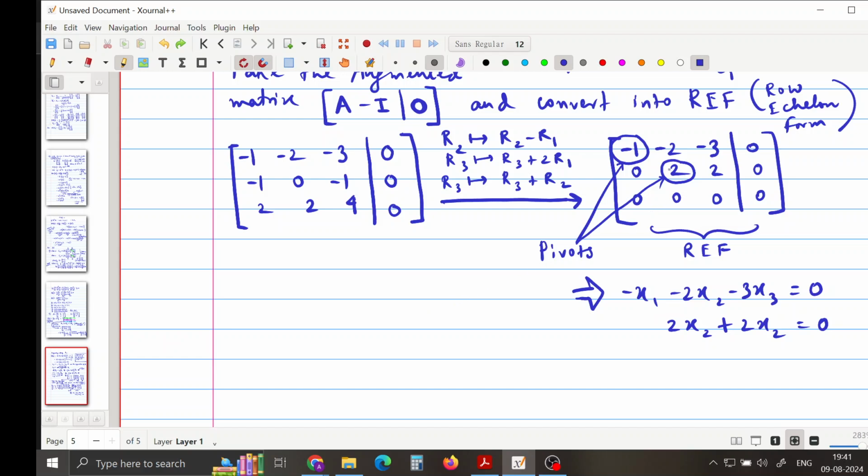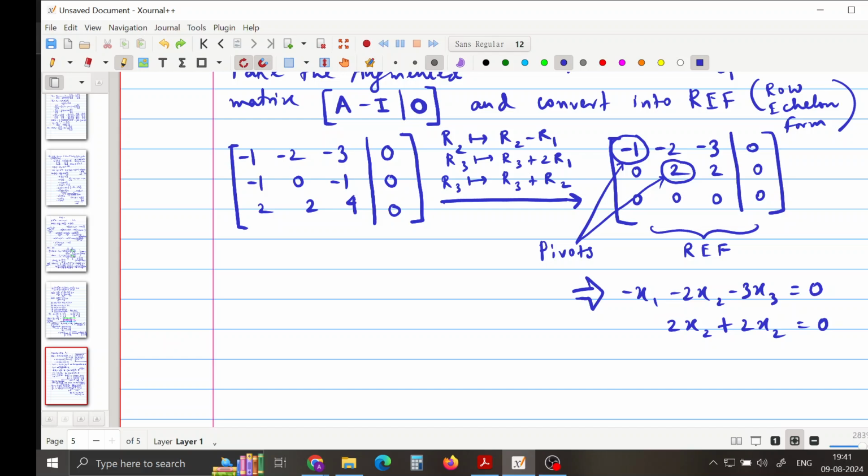The number of pivots is 2 here, and the number of unknown variables is 3: x1, x2, x3. So the number of pivots is less than the number of unknowns, and it is a consistent system. Since the number of pivots is less than the number of unknowns, you can conclude that there will be infinitely many solutions.